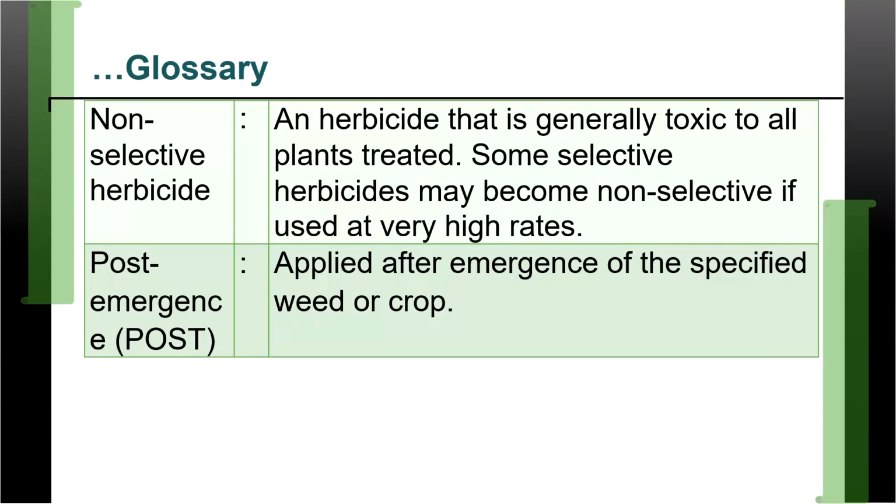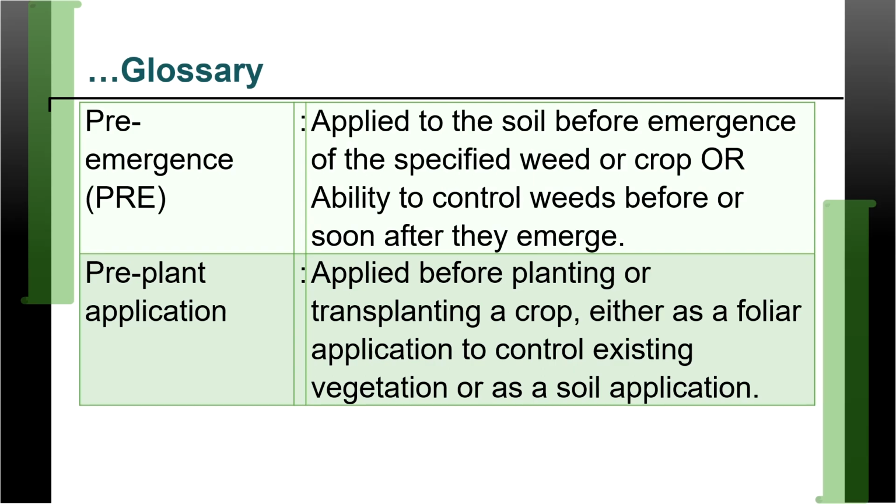Post-emergence herbicide, this kind of herbicide or chemical is applied after emergence of the specified weed or crop. Opposite to it is pre-emergence herbicide, applied to the soil before emergence of the specified weed or crop, or ability to control weeds before or soon after they emerge.